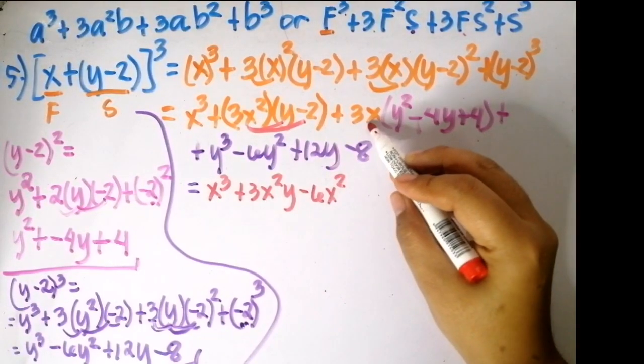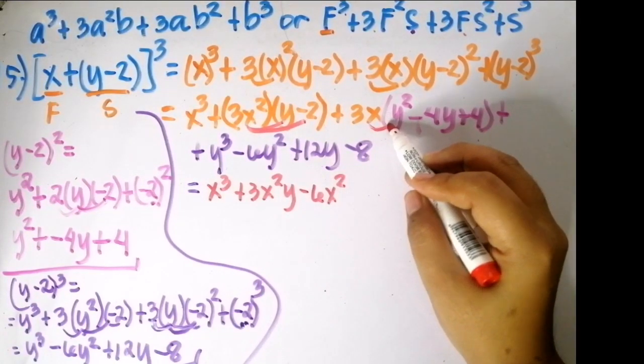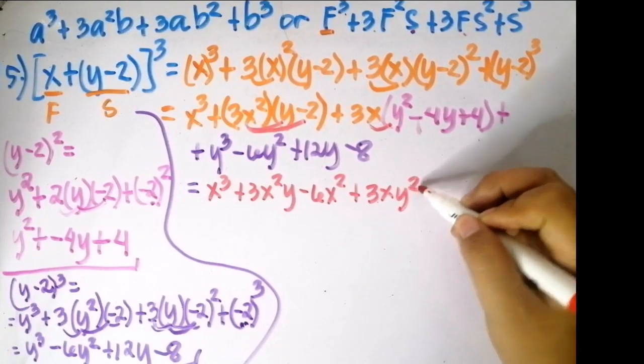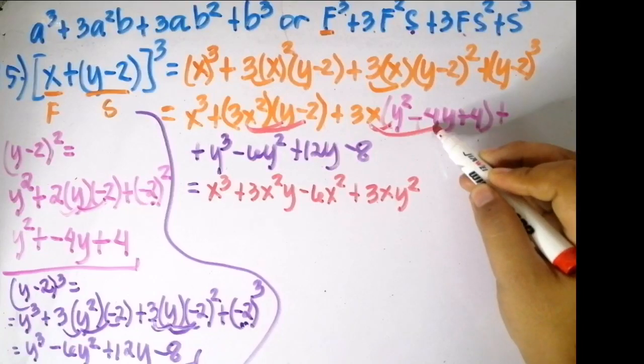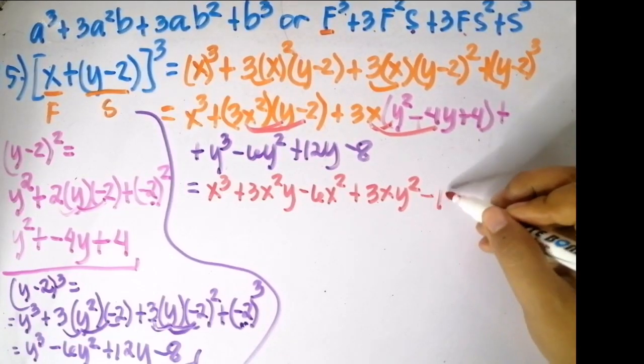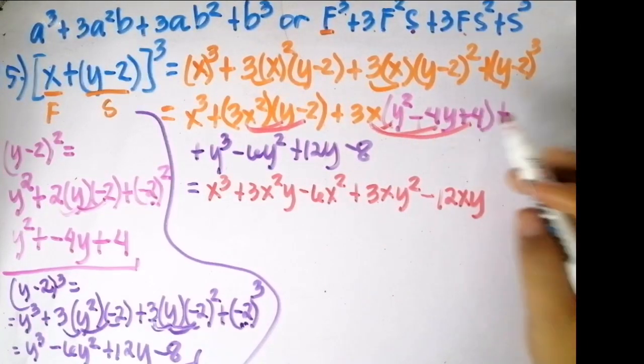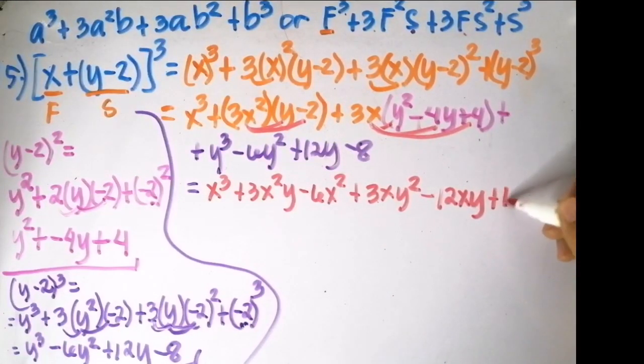Next, 3x times y squared is equal to positive 3xy squared. Next, 3x times negative 4y equals negative 12xy. 3x times positive 4 equals positive 12x.